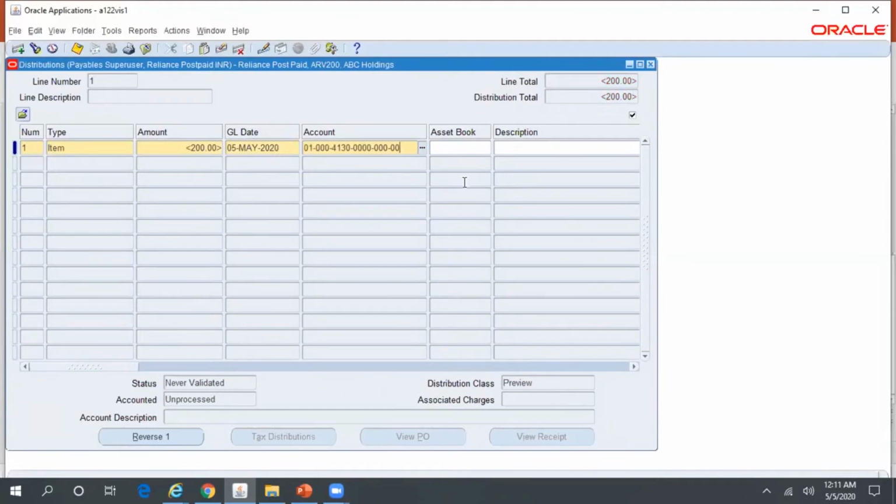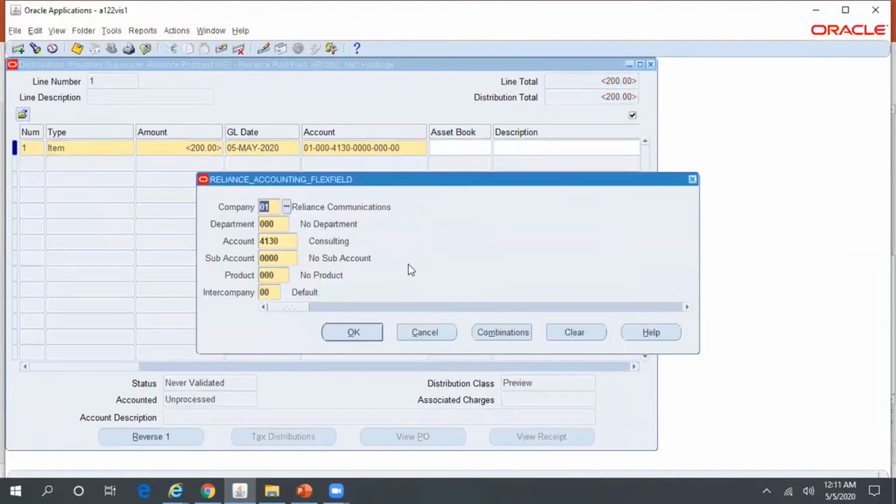Minus 200. Use some account code combination. This is basically a consulting account. So this is an example wherein an invoice is raised for consulting expense for 1,000 rupees, and I was not satisfied with the consulting services provided by the vendor, and I am planning to claim 200 rupees back.